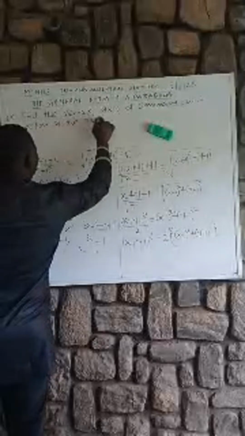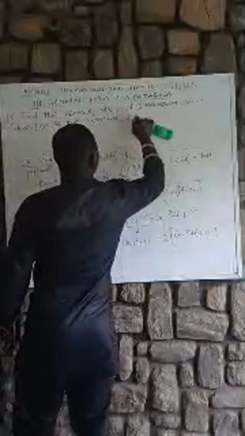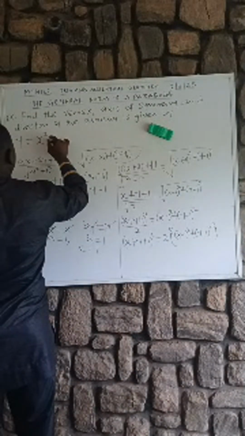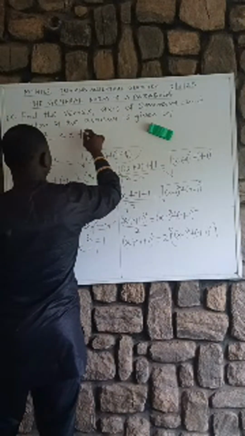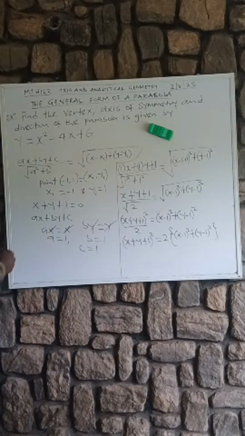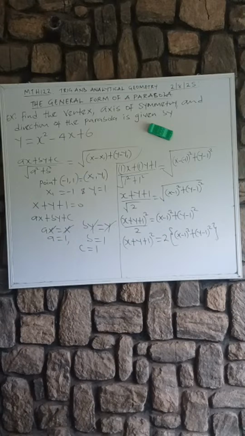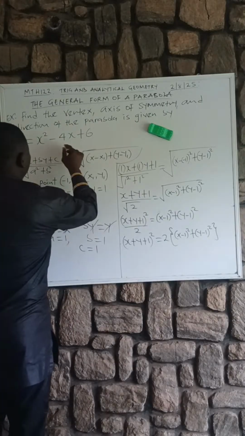The direction of the parabola is given by x squared minus 4x plus 6. Yeah, plus 6. So, write the solution.